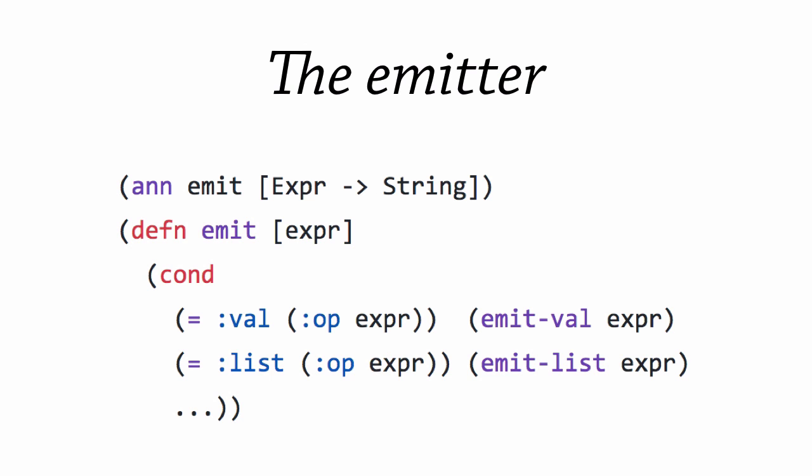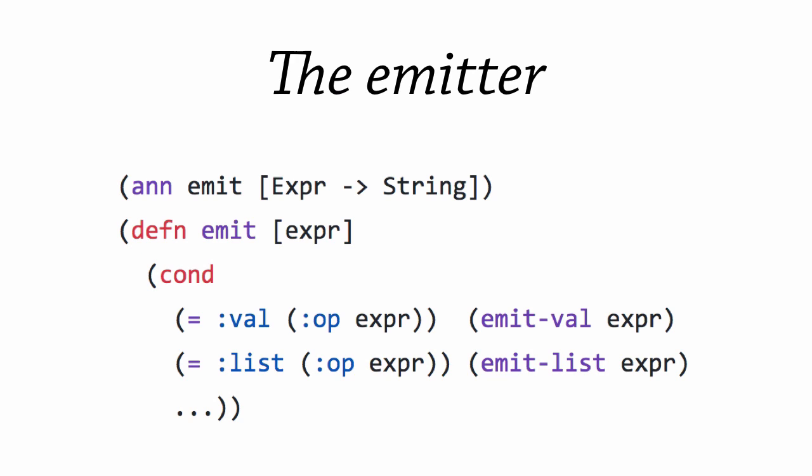So let's jump in. So this is the emitter. It's a function that takes in an expression, our AST, and spits out some JavaScript, it's a string. And this is kind of for documentation purposes. Let's pretend this is untyped. And yeah, so basically the way this works, it dispatches on the op key, looks up the op key.